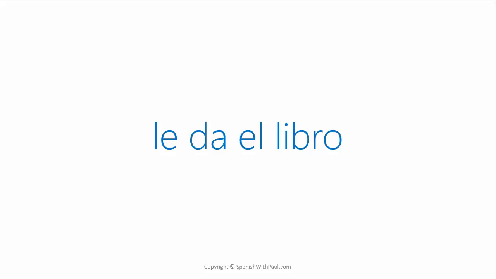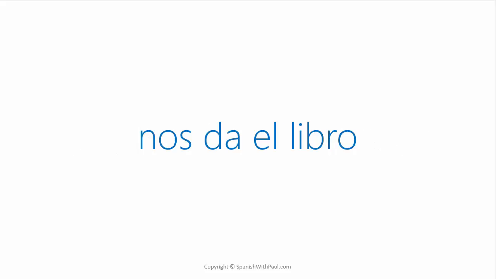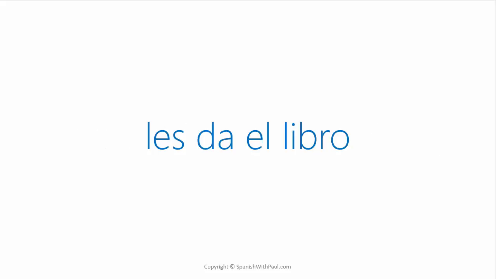Here we have le implying to her. He gives the book to us. Nos da el libro. He gives the book to them. Les da el libro. Here we have les implying to them. So les, to them, and then we have da, he gives, and then the book, el libro.